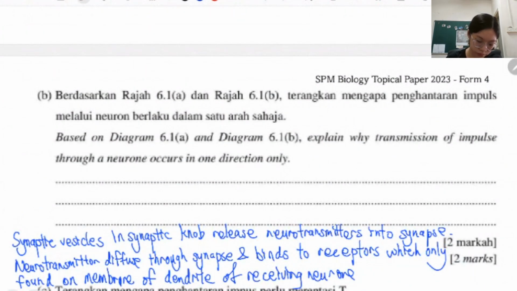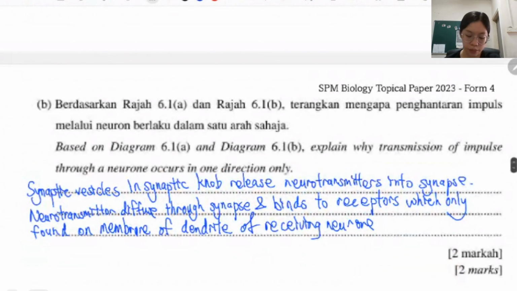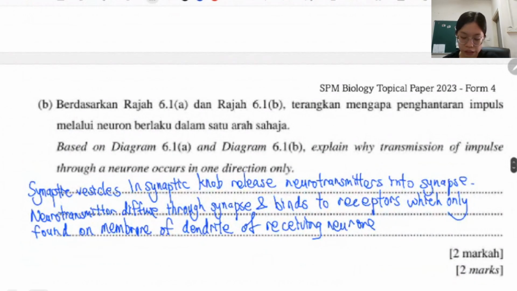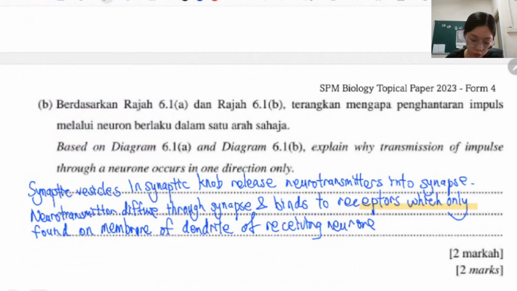Synaptic vesicle in the synaptic node releases neurotransmitter into the synapse. So the neurotransmitter diffuses through the synapse and binds to the receptor, which is only found on the membrane of the dendrite of the receiving neuron.